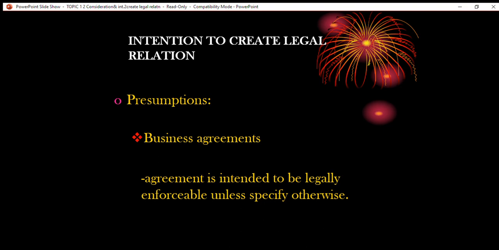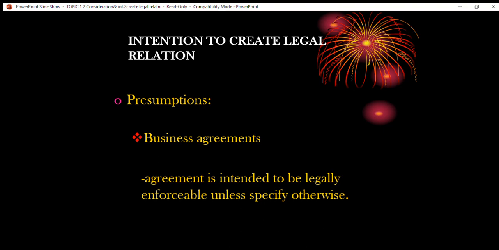Next element is consideration. For consideration, all you need to know is section 26. The general rule of consideration, and then the exceptions to this general rule.